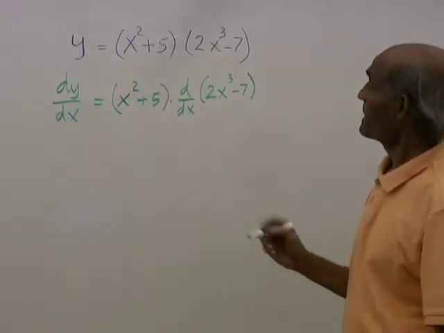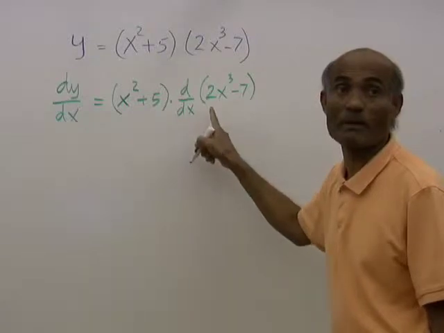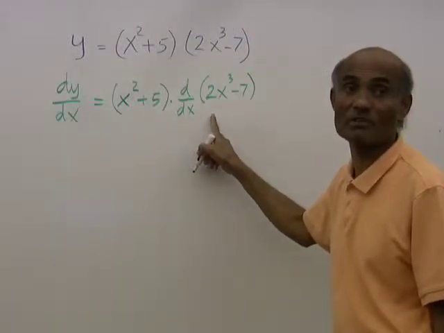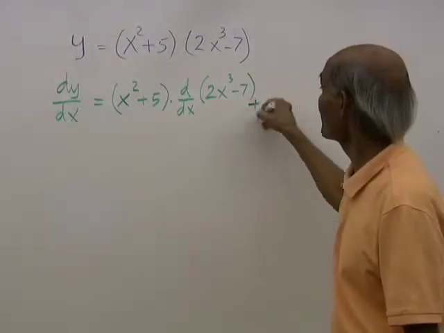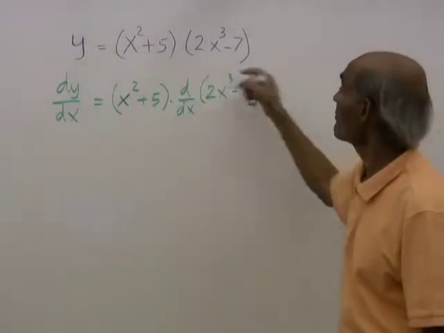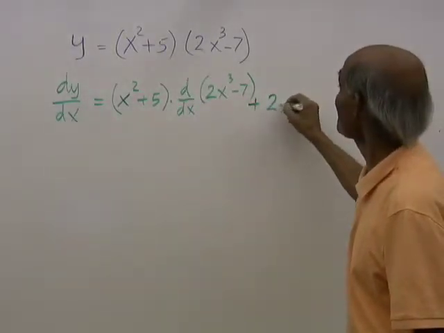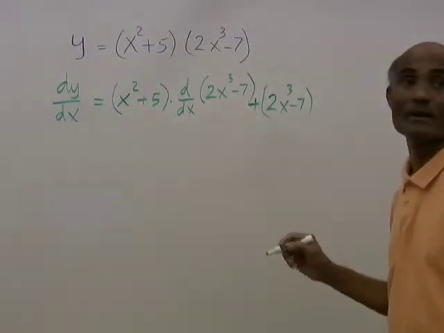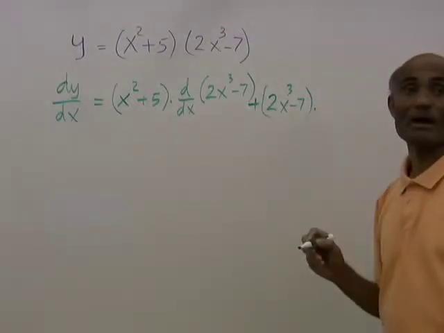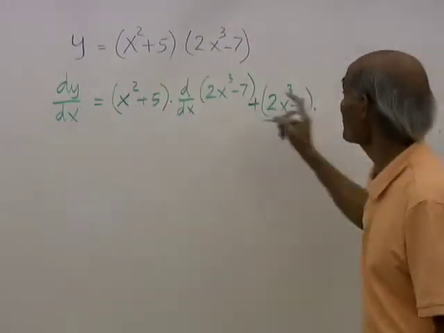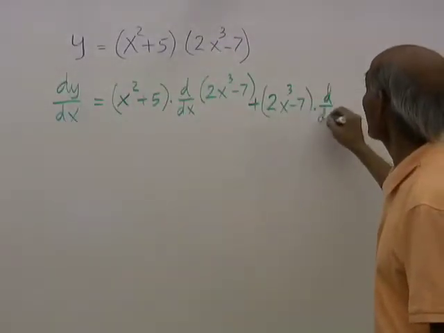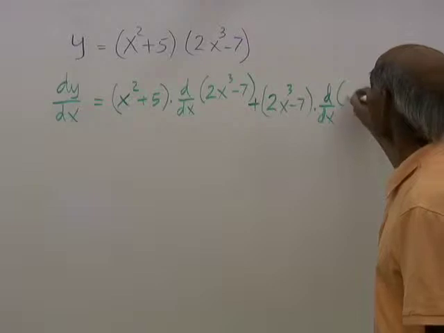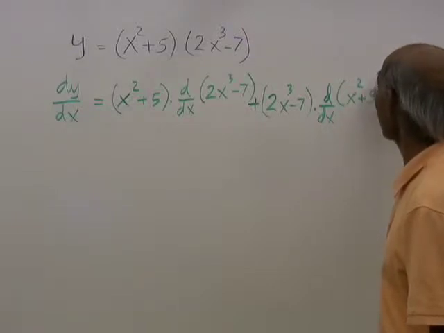Well, first function multiplied by the derivative of the second function plus the second function, which is 2x cubed minus 7, multiplied by the derivative of the first function, d by dx of x squared plus 5.